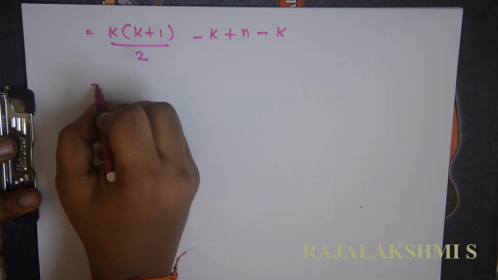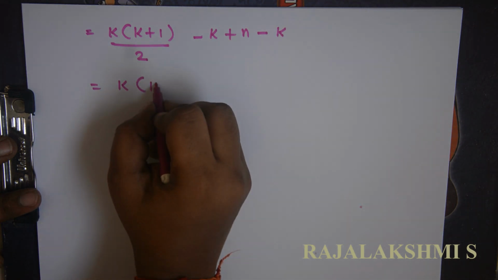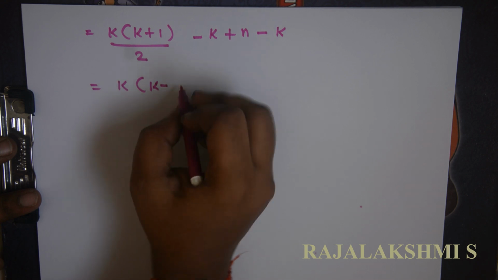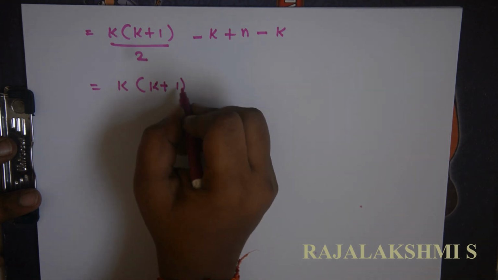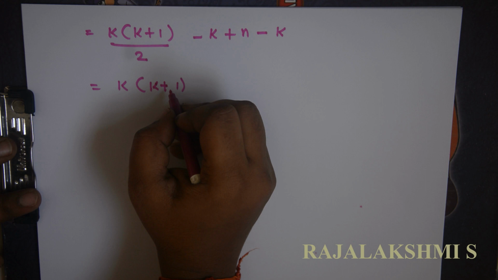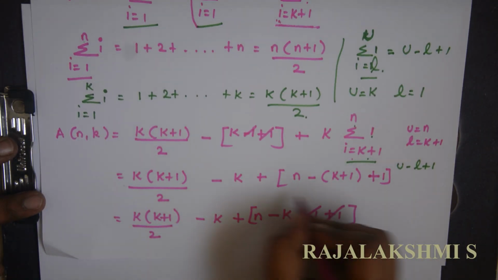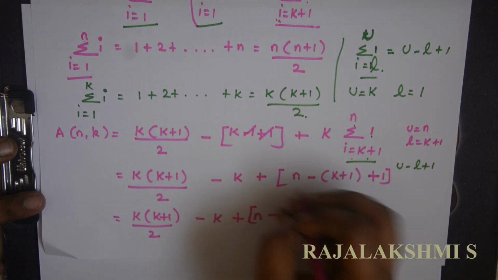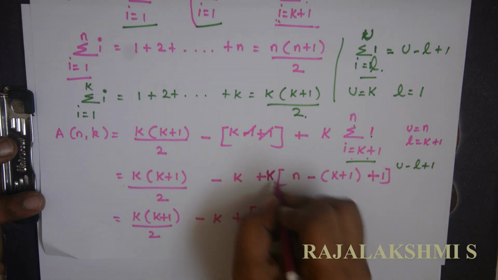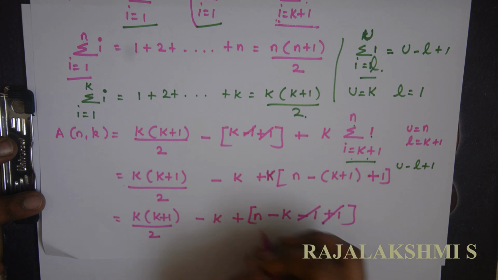Okay, actually here in this term we forgot this K, right? Yes, this K into N minus K. So here a term K will come.